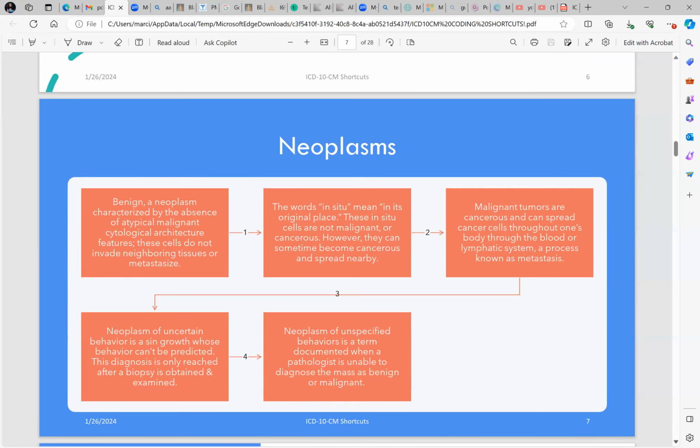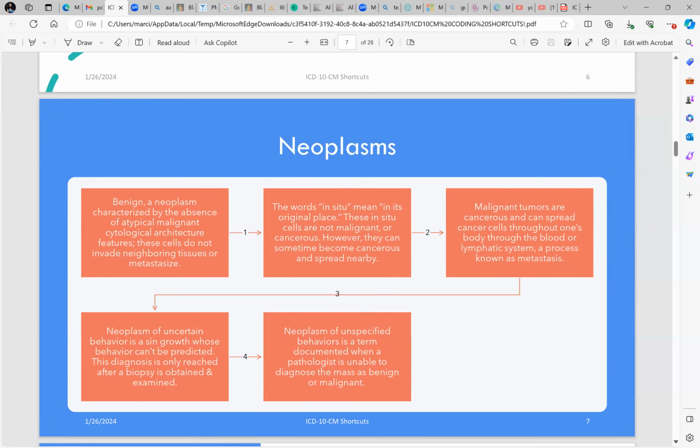The word in situ means in its original place. These in situ cells are not malignant or cancerous. However, they can sometimes become cancerous and spread nearby. These are what we can also often call precancerous cells. So malignant tumors are cancerous, and they can spread.